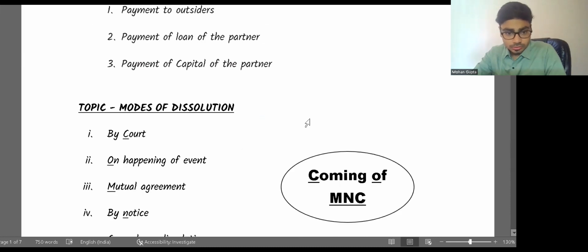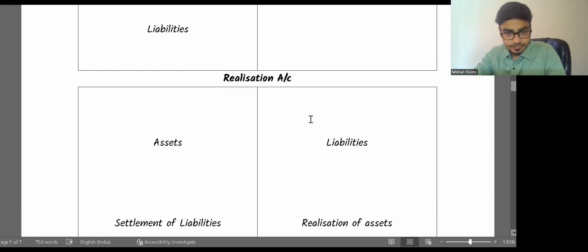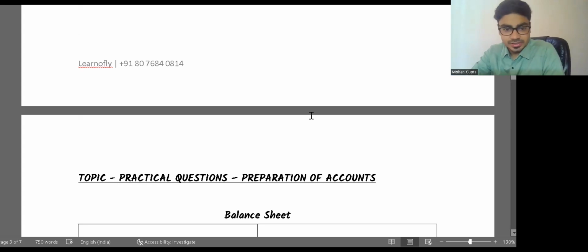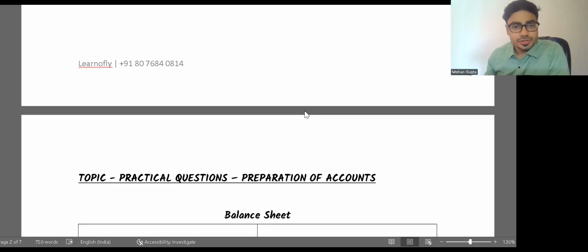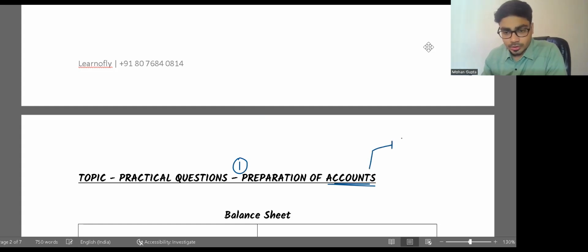So have I mentioned this? Okay, I have mentioned this here. For practical questions, Dhruv, there are two types of questions that will come in exam. First is preparation of accounts. You will be asked to prepare the accounts, and you have to prepare 3 accounts. One is realization account.